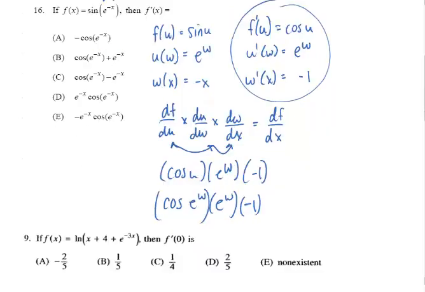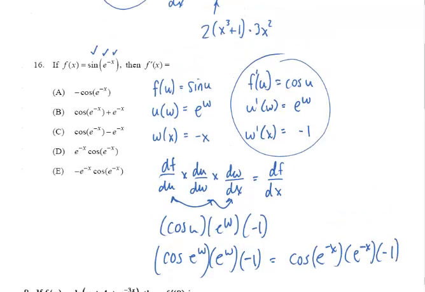The w's were just negative x, so the final answer will be cosine of e to the negative x, times e to the negative x, times negative 1. And now the chore is to find that solution. I think that solution is this one: negative e to the negative x cosine of e to the negative x.